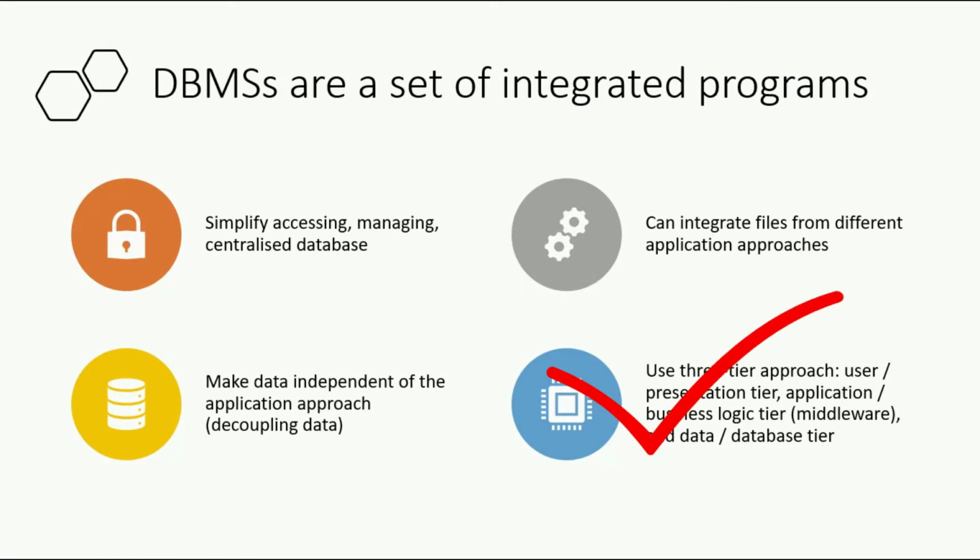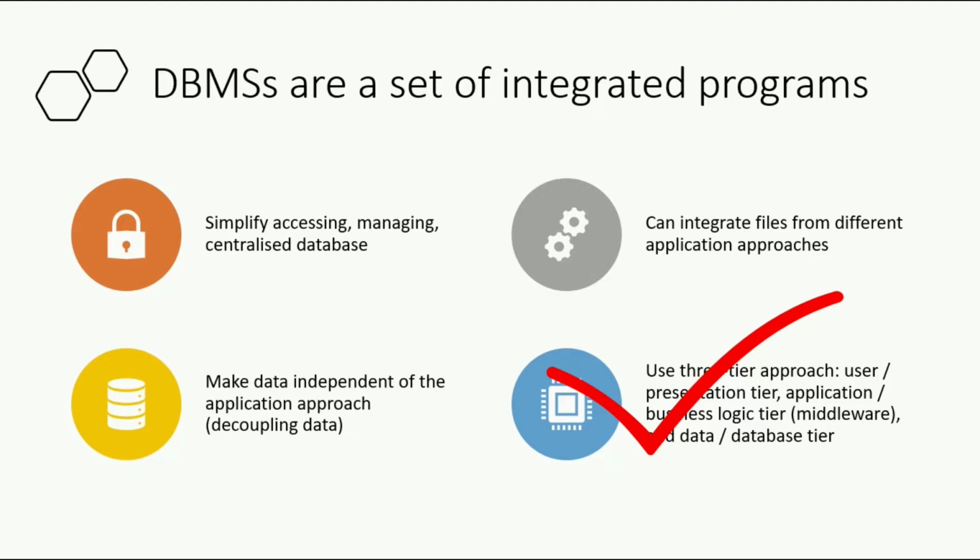Fourth, database management systems use a three-tier approach: the presentation tier, application tier, and the database tier. The presentation tier is the reporting tier. So it's independent of the application and the database tier.